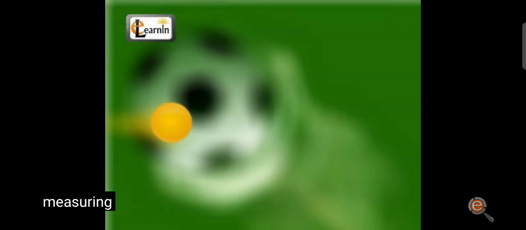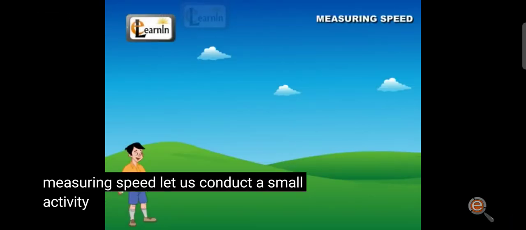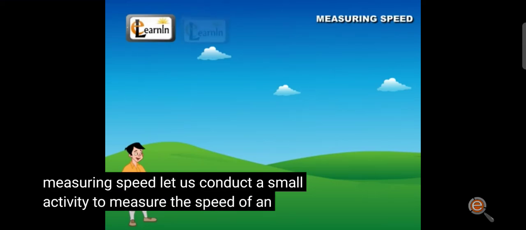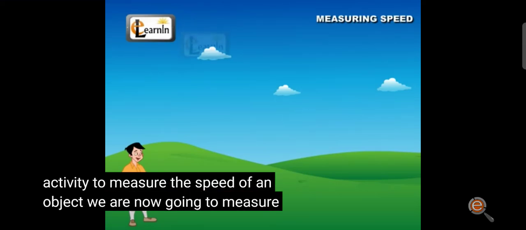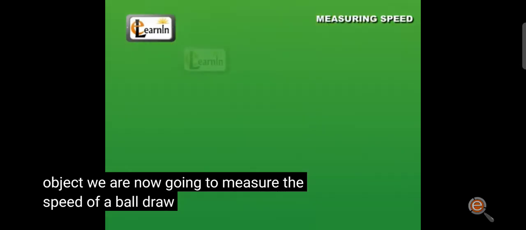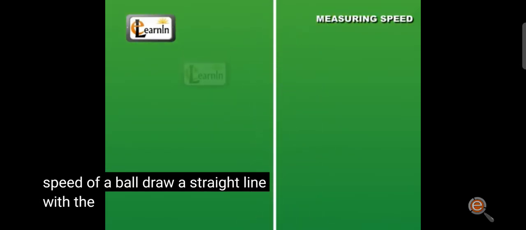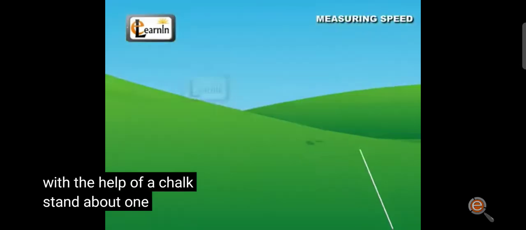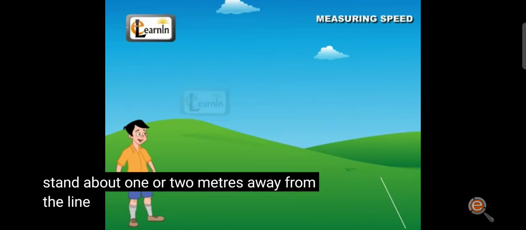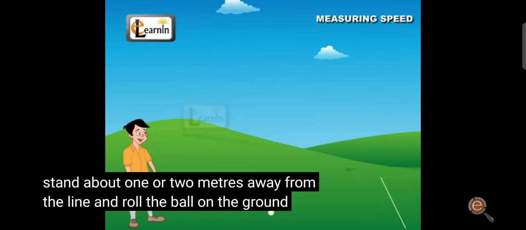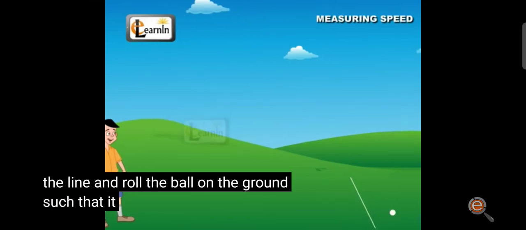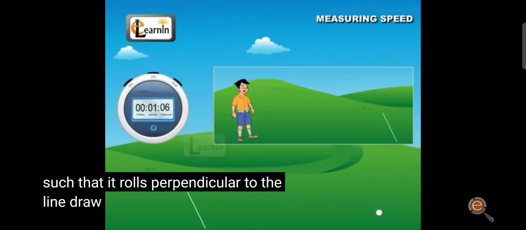Let us conduct a small activity to measure the speed of an object. We are now going to measure the speed of a ball. Draw a straight line with the help of chalk. Stand about 1 or 2 meters away from the line and roll the ball on the ground such that it rolls perpendicular to the line drawn.